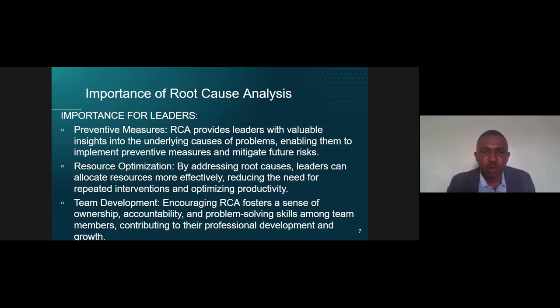Everybody wants to find out what the problem is. And once everybody wants to do that, and it has become a culture, then it will contribute to the professionalism of any organization. So you can see the importance of root cause analysis, for technicians, for managers and for leaders; the benefits are too numerous to mention.